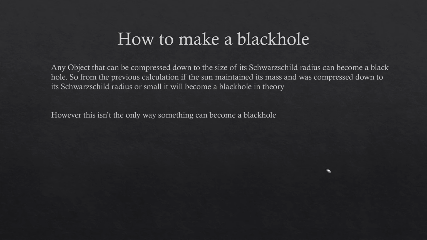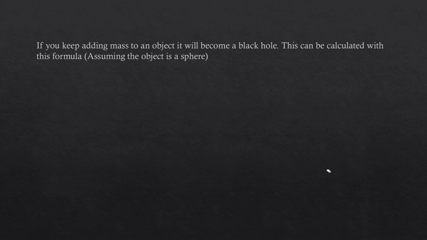Okay, so from the previous calculation, if the sun maintained its mass and was compressed down to its Schwarzschild radius or smaller, it would become a black hole in theory. But this isn't the only way to create a black hole. Black holes depend a lot on mass. If you keep adding mass to an object, it will become a black hole, and this can be calculated with this formula.